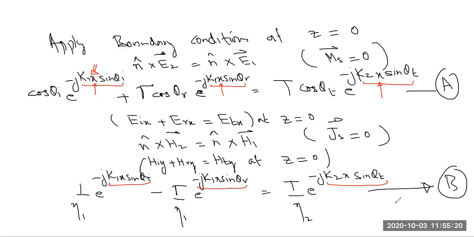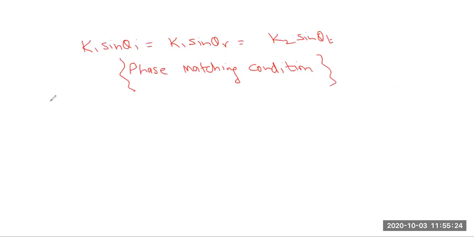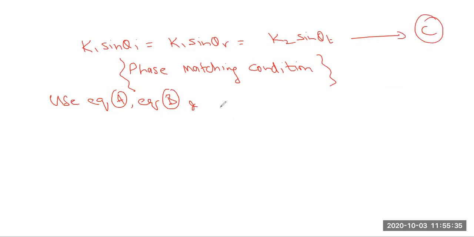If you use this condition, what you are going to do is use equation A, equation B, and let me call this equation C, and use them to find gamma and T.